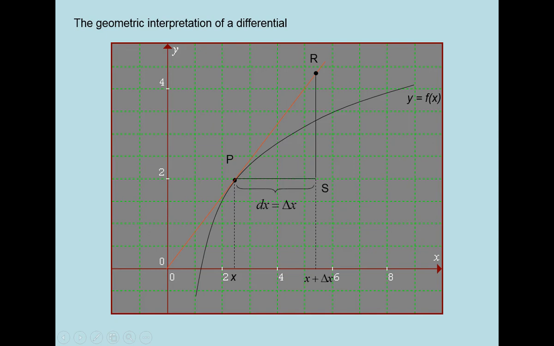We can see from P to S, that would be our change in x. And this distance is called delta y. The actual change in the y value of the function we call delta y. That's the actual change from x to x plus delta x. That's the actual change in the y value.